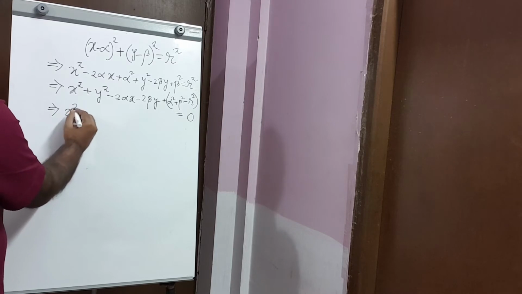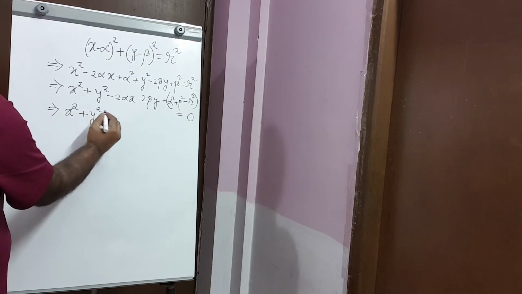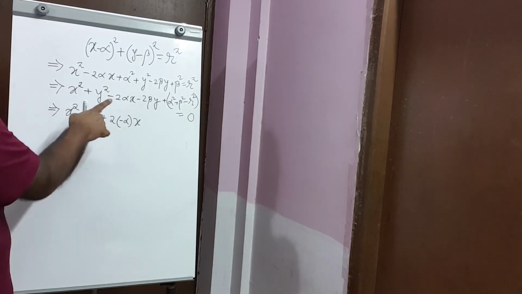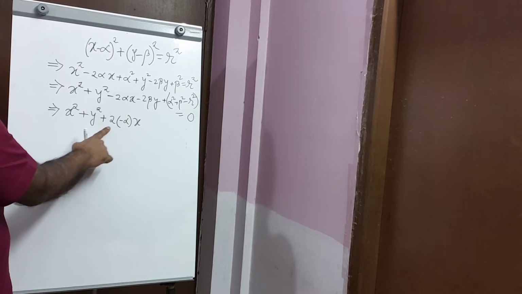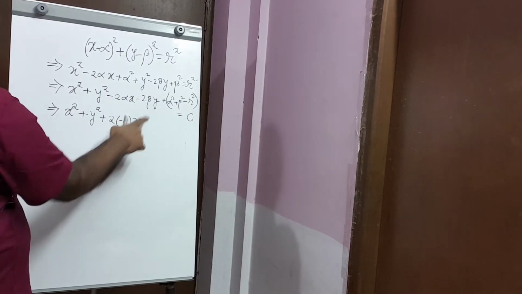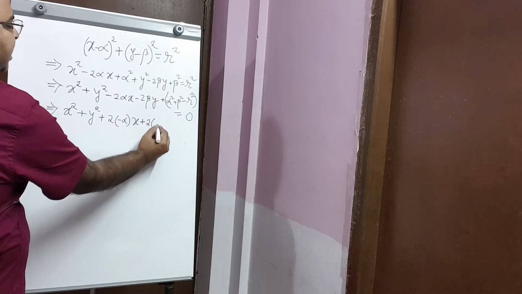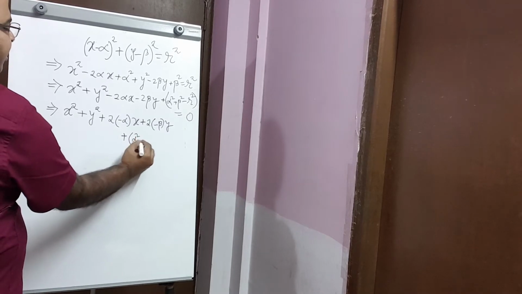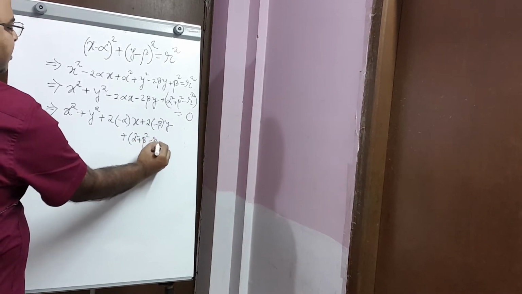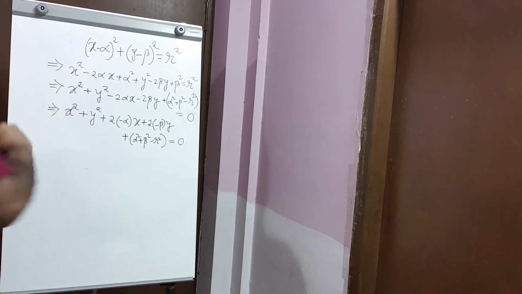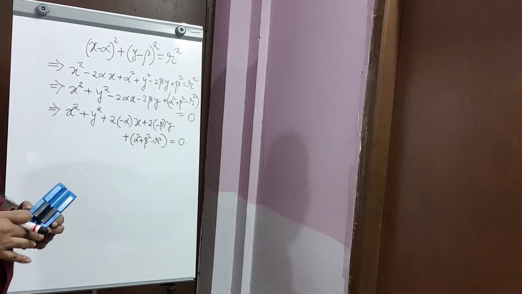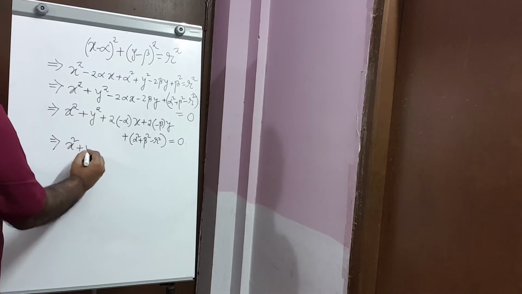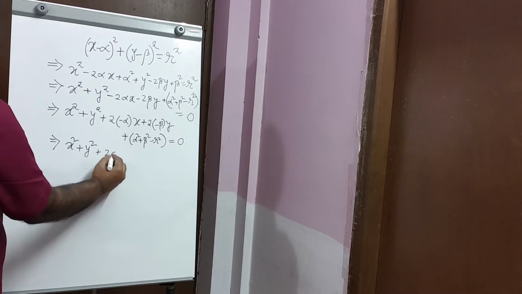The equation can again be written as x square plus y square plus 2 times (minus alpha) into x. We are writing minus 2 alpha x as plus 2 times (minus alpha) into x. Similarly, minus 2 beta y as plus 2 times (minus beta) into y, and finally plus alpha square plus beta square minus r square is equal to 0. Which implies x square plus y square plus twice g x plus twice f y plus c is equal to 0.